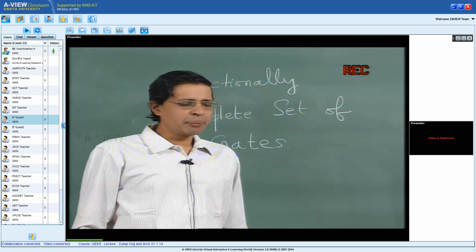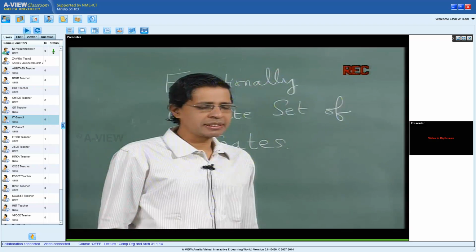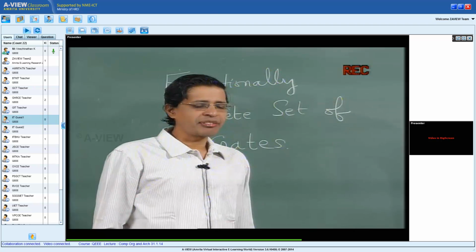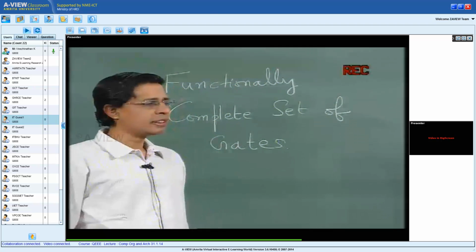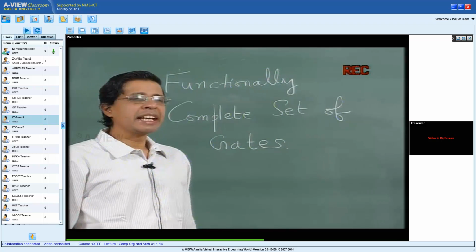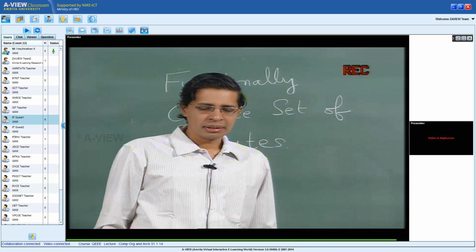A functionally complete set of gates is a set of gates using which we can realize any logic function that is given to us.